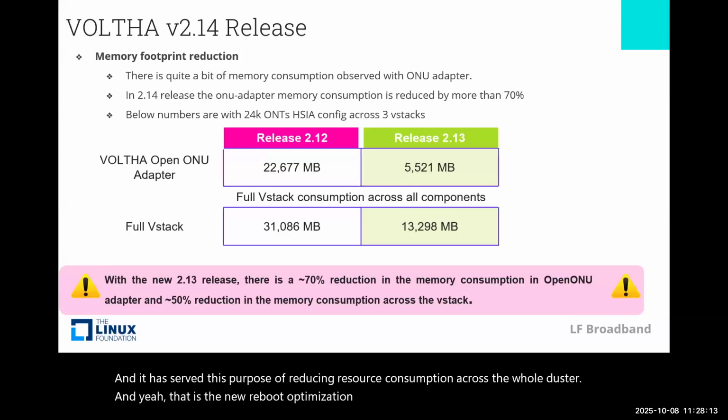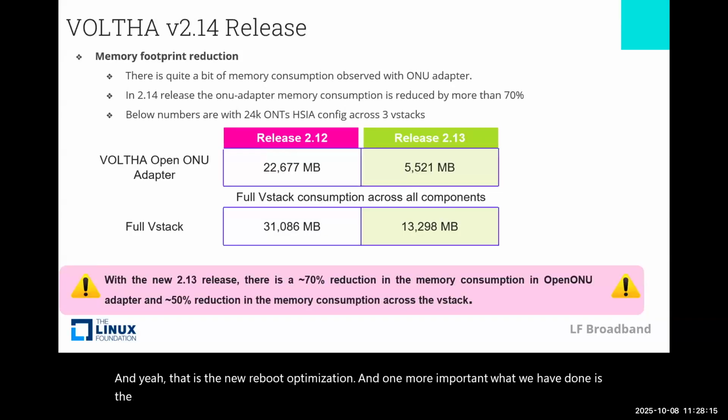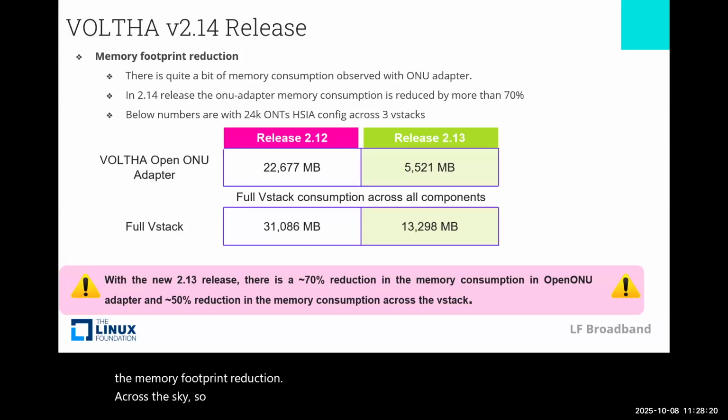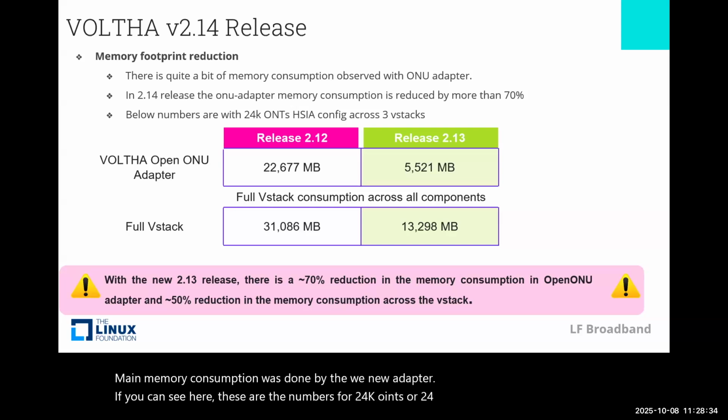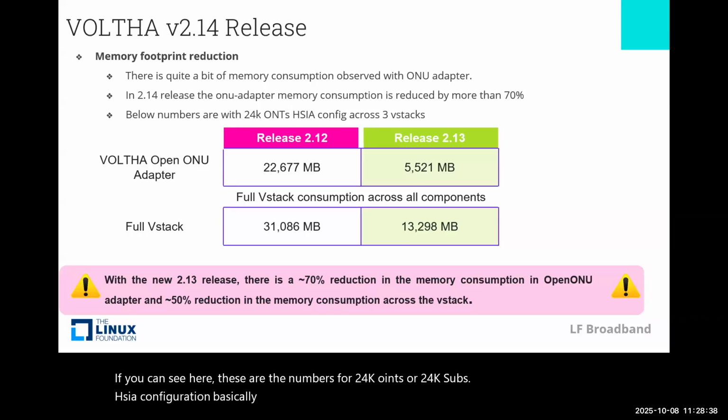And one more important thing we have done is the memory footprint reduction across the stack. The main memory consumption was by the ONU adapter. If you can see here, these are the numbers for 24K ONTs or 24K subs, HSIA configuration, across 3 VStacks.